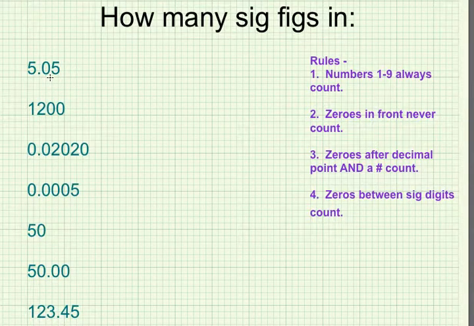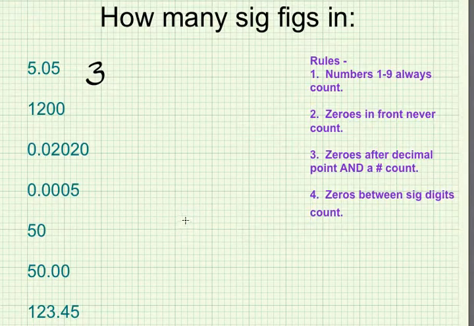But now we got the 0. The 0 is always going to be the one that's the problem. Now this 0 is in between 2 non-zeros. And according to rule number 4, zeros between significant digits count, which means then that for 5.05, there are 3 significant figures. Now let's take a look at the 1200.